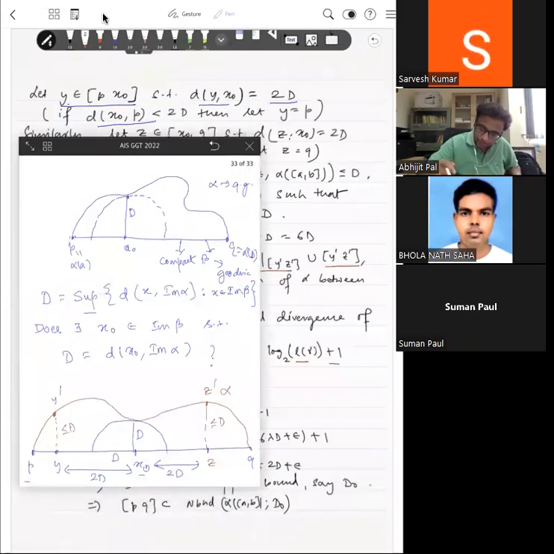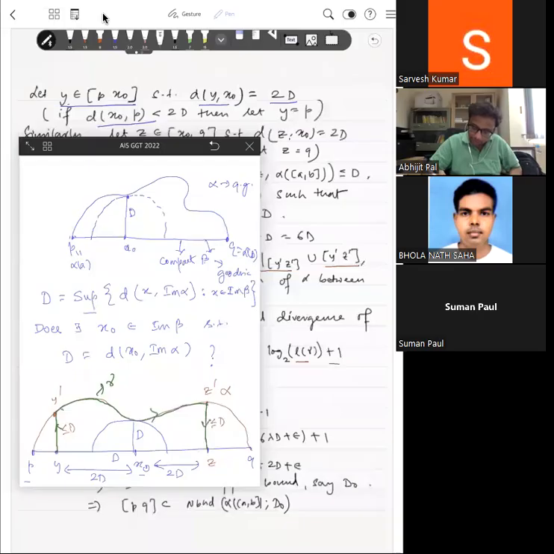So in the picture, gamma goes from y to y prime, then follows this subsegment of alpha from y prime to z prime, and then comes back from z prime to z by this geodesic. This is my gamma.